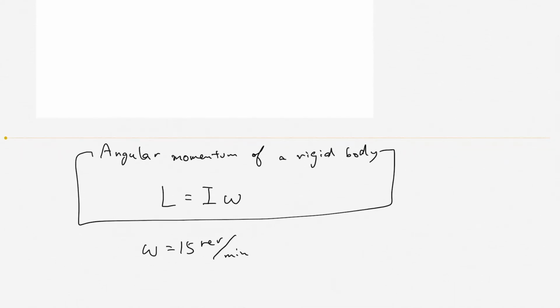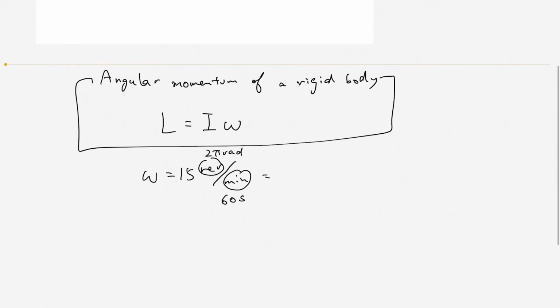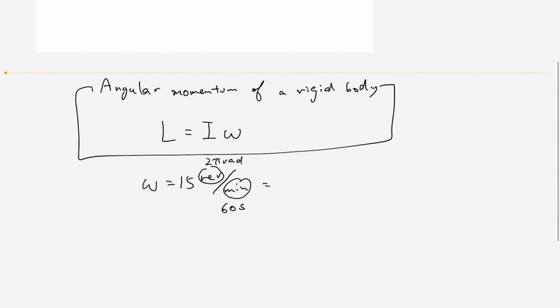So this means one revolution is 2 pi radians, and a minute is 60 seconds. Then you can substitute, and this number is 1 over 2 pi radian per second. This is the angular velocity of the merry-go-round.